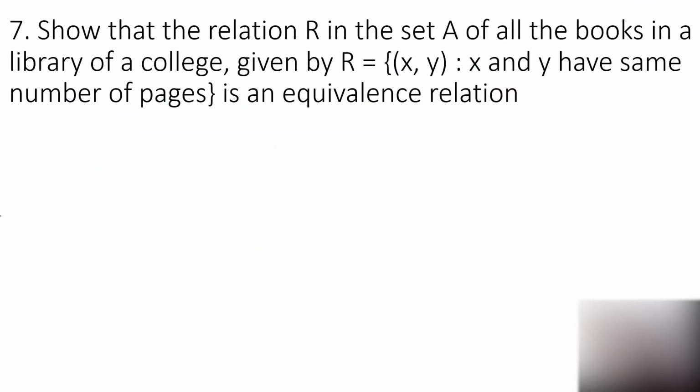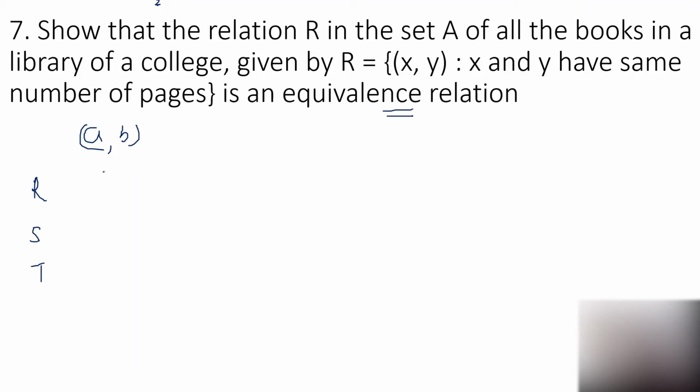Next question is: show that the relation R in the set A of all books in the library of a college, given by R = {(x, y): x and y have the same number of pages}, is an equivalence relation. Let us consider two books having the same number of pages. That means we need to show it is reflexive, symmetric as well as transitive.